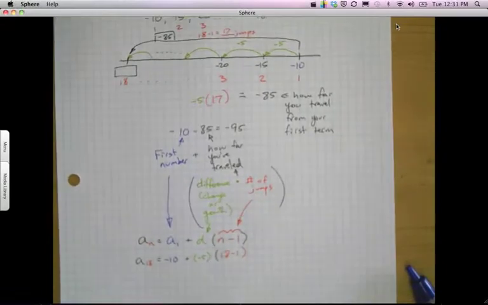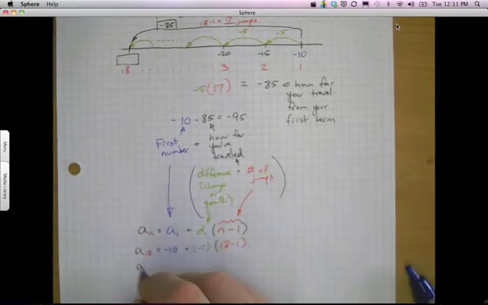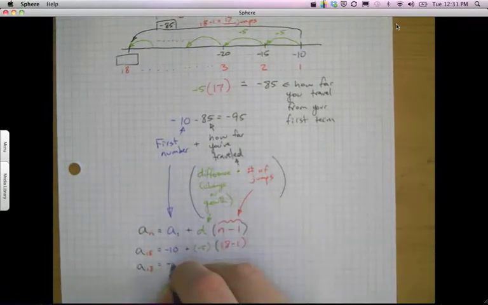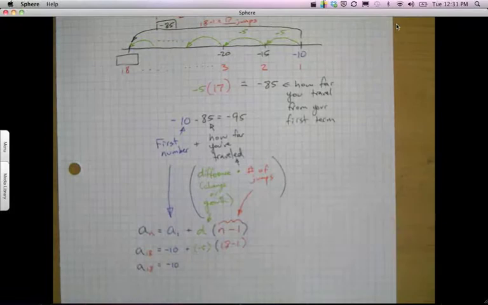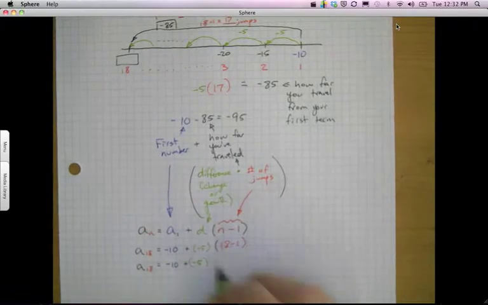And then when I do the math a little bit farther, I find that A sub 18 is equal to -10. Oops, let's do that in blue. Sorry about that. -10 plus -5 times my 17.